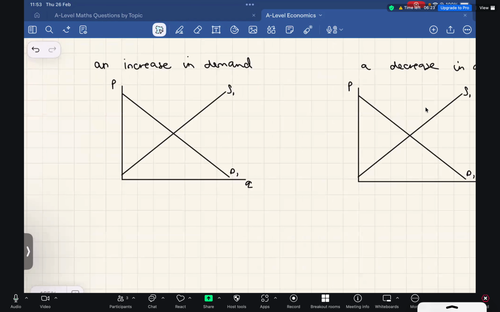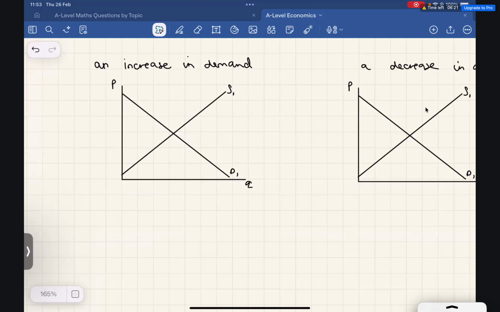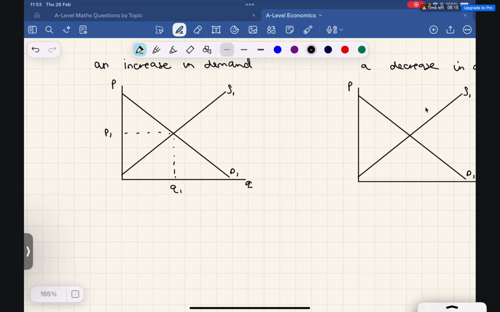So let's start with the right shift in demand. At first, we have a price of P1 and a quantity of Q1. Imagine there's a change in trends causing the demand for a good or service to increase.